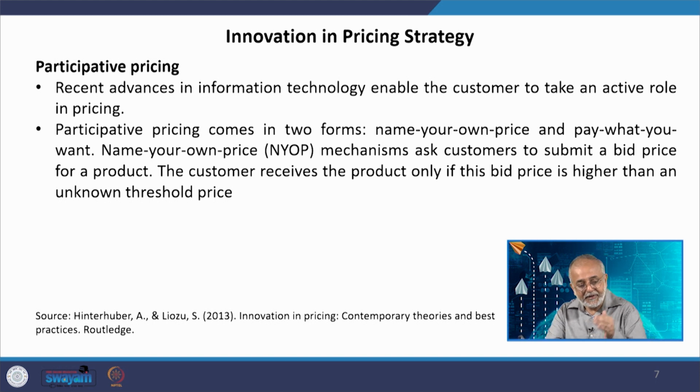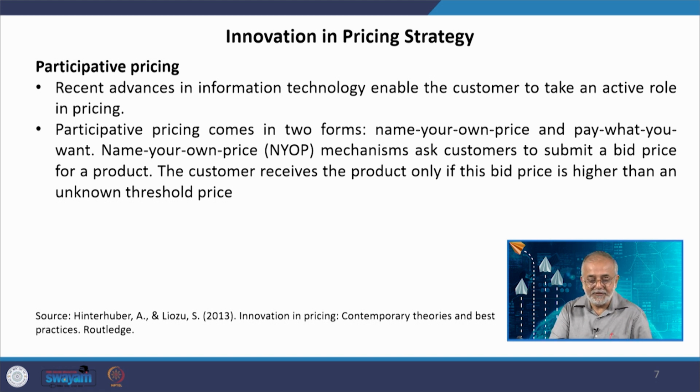So, participative pricing comes in two forms: name your own price and pay what you want. Now, this is again an important thing. Name your own price mechanisms ask customers to submit a bid price for a product. This is what I would be paying if it suits you.